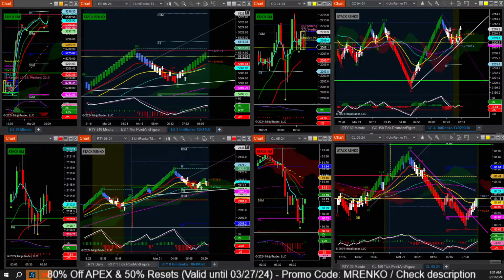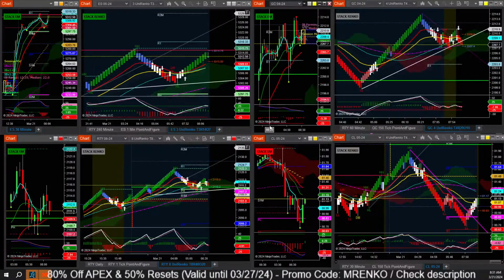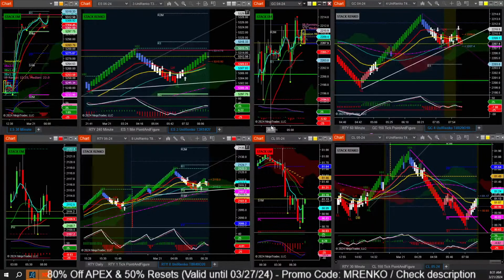Compression in gold after this big move in this area here, and you see that it's trying to come back a little. So in compression in this range.